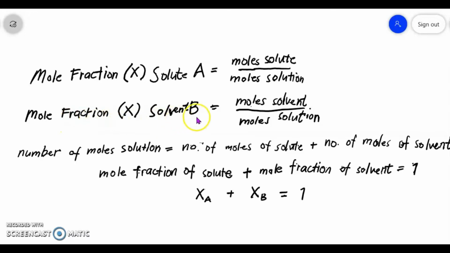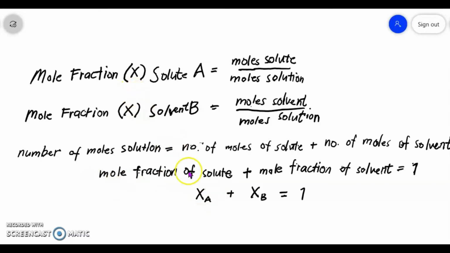The second one is the mole fraction of solvent. Let's say the solvent is B, equal to the moles of solvent divided by the number of moles of solution. This one is represented by X sub B.